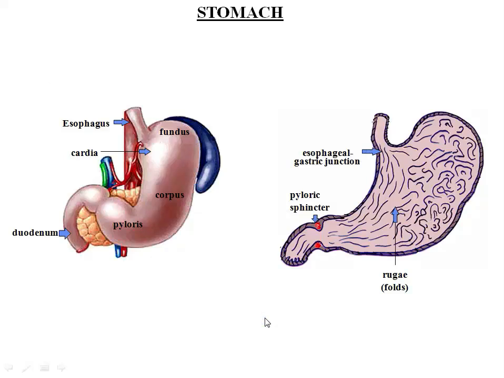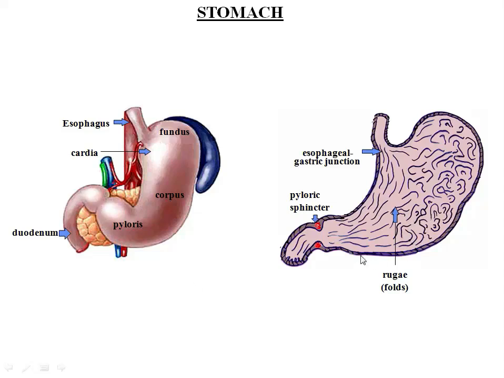Okay, so this is a diagram of a stomach showing internal lining and external portions. When we say cardiac portion, this is the cardiac portion, very near the opening of the esophagus, and the rest of the outer portion is the fundus and corpus, that is the body portion of the stomach, and the pylorus portion here at the end where it connects with the duodenum.